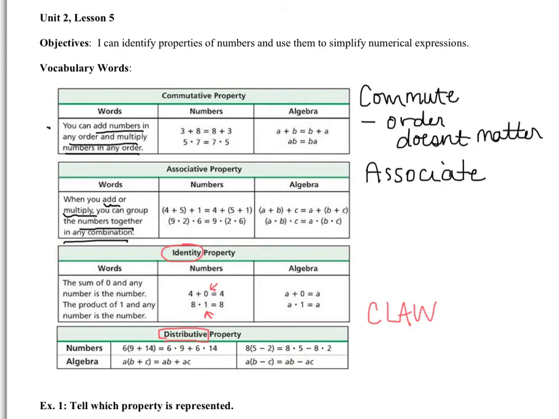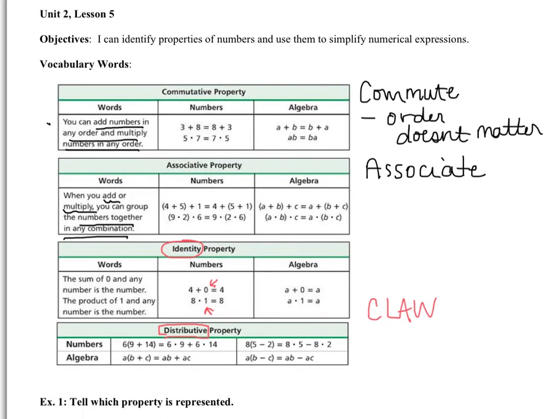And you'll notice here, I have parentheses, just like I did in the associative property. But the difference is I've got a number hugging those parentheses. In other words, I'm multiplying by 6. To do the distributive property, we draw our claw. See, there's the claw. I told you Mrs. Bank is not a good artist.